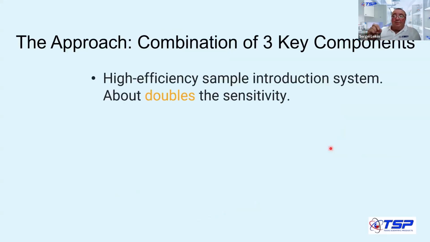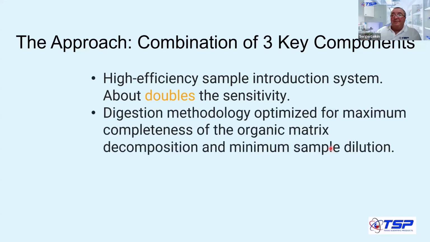Typically we're talking about the analysis of cannabis for the big four: arsenic, cadmium, mercury, and lead. Typically it's done by ICP-MS, but it can be done by ICP emission. Here was the approach. First, the sample introduction with very high efficiency that doubles the sensitivity.